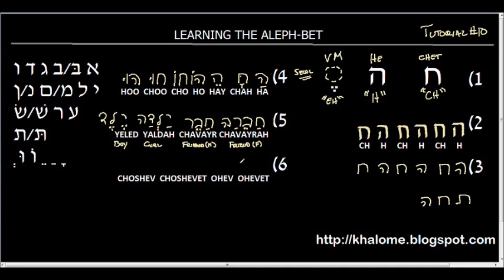Going down to exercise 6 is ohevet, and this is a verb. We'll start out with an alef, and we're going to have the O vowel mark. We'll have a he, segol, vet, segol, and then the tav. That would be loves or likes.